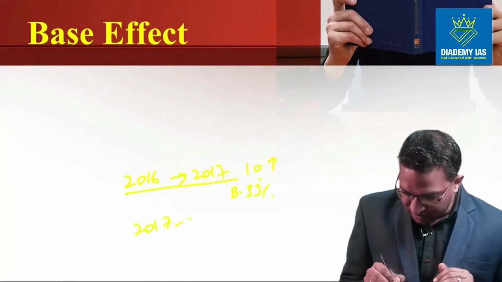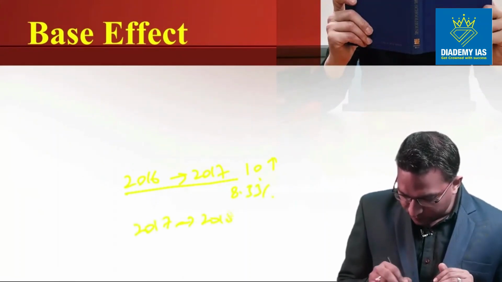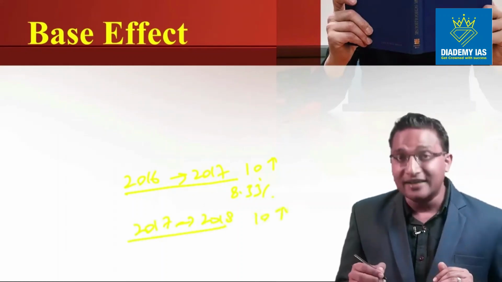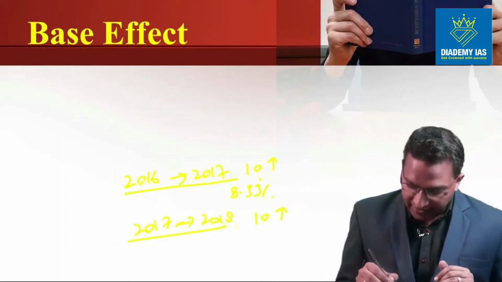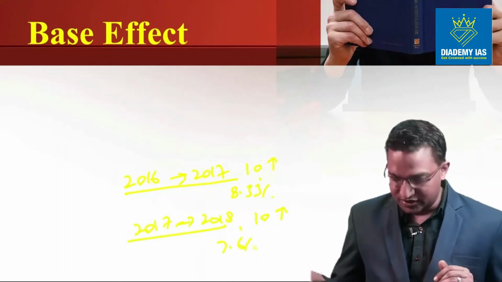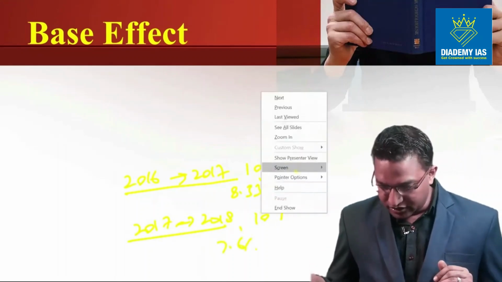Between 2017 to 2018 again the price index increased by 10 points and rate of inflation is 7.6%. So this is the point.